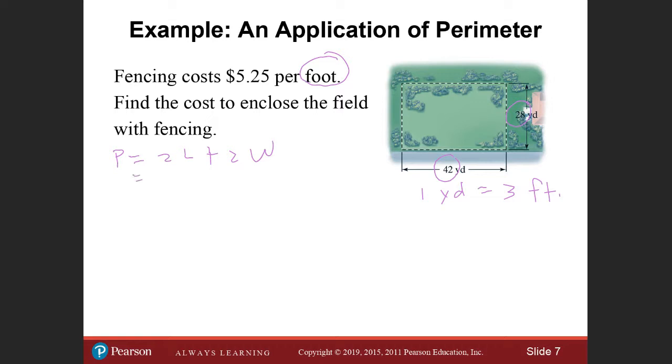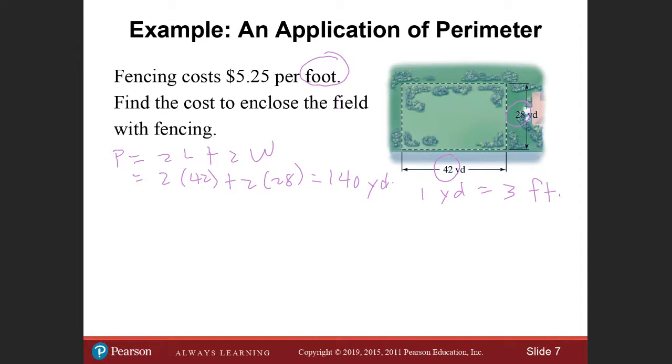Plugging in our values, 2 times L, our L is 42, plus 2 times W, our W is 28. Calculating, it will give us 140 yards.